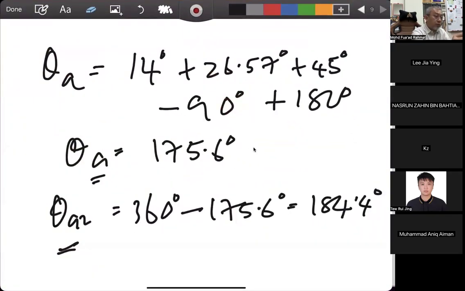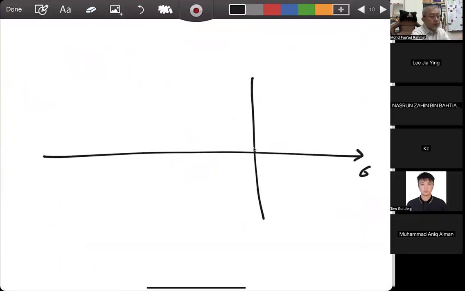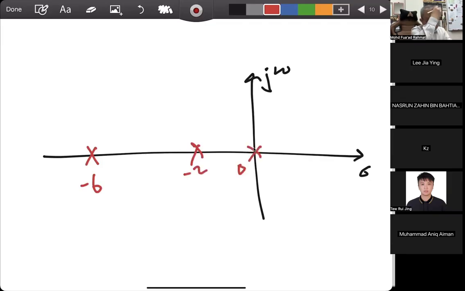So if we look here, the sketch of the given transfer function root locus is zero. Okay.